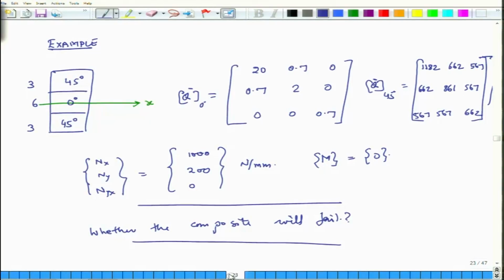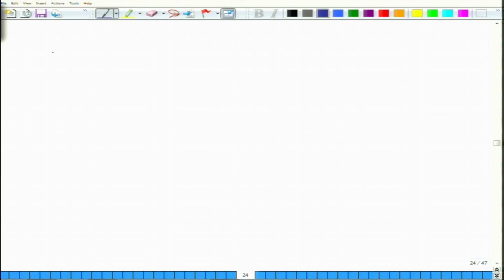As we had discussed earlier, the first step in this is we compute A, B and D matrices. We already know how to compute the A matrix, we have all the values of Q and thicknesses. So, I am just going to directly write the value of A. It is 159.3, 35.1, 27, 35.1, 51.3 and 35.1, 27, 27, 27.